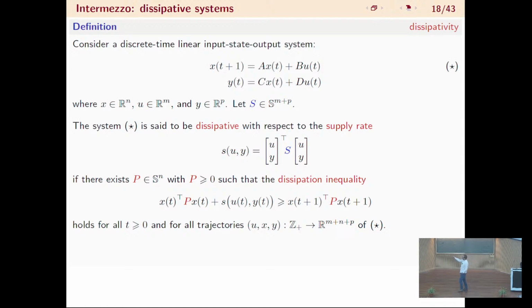And this inequality says that the energy stored in the system in future cannot exceed the energy stored in the system in the past plus the energy we put in the system. But it is a mathematically abstracted version of this very sensible energy conservation principle.